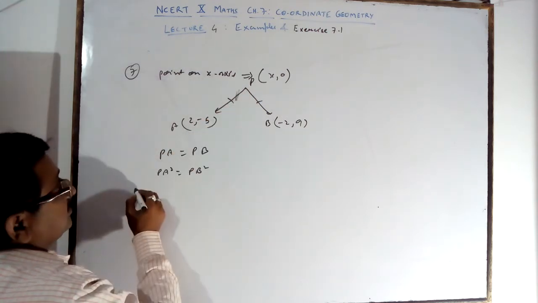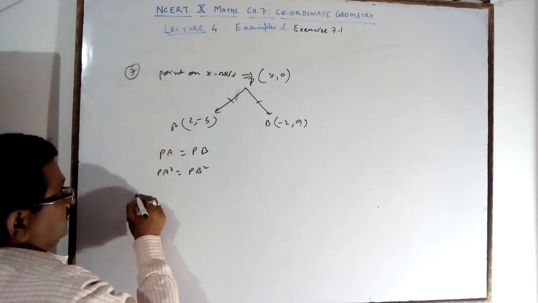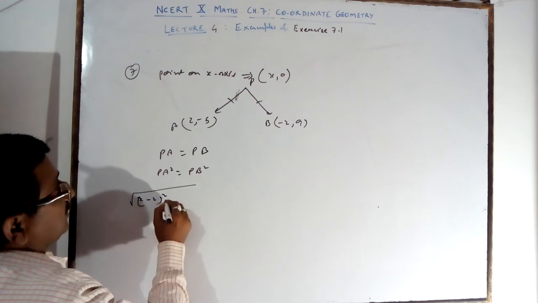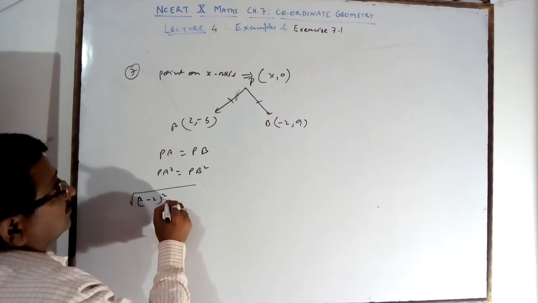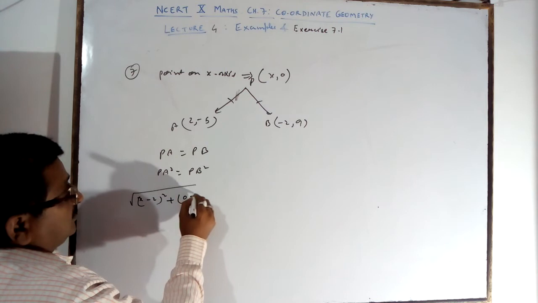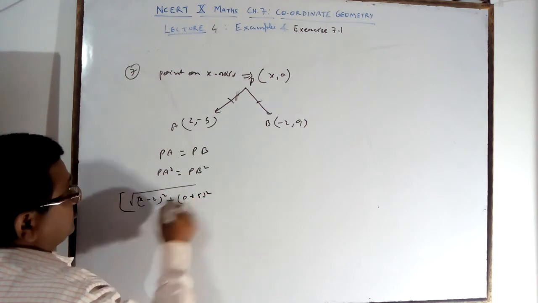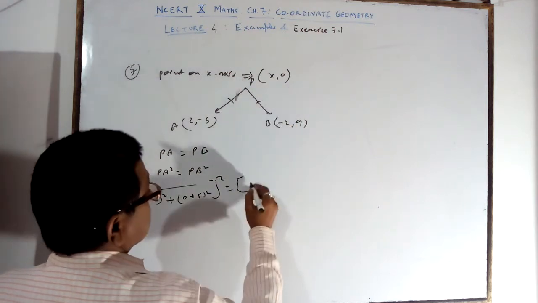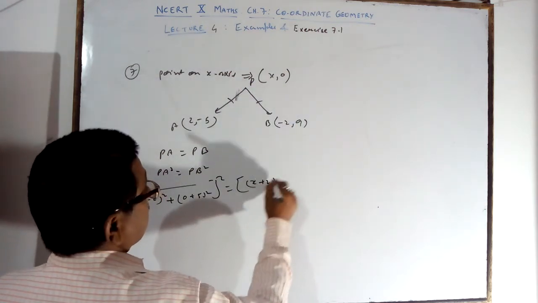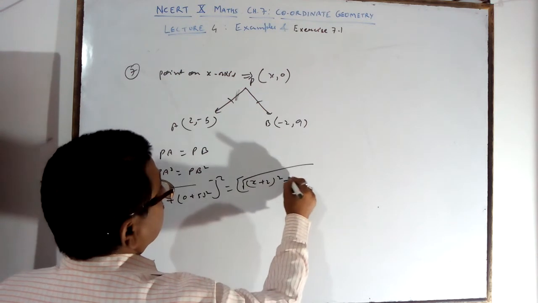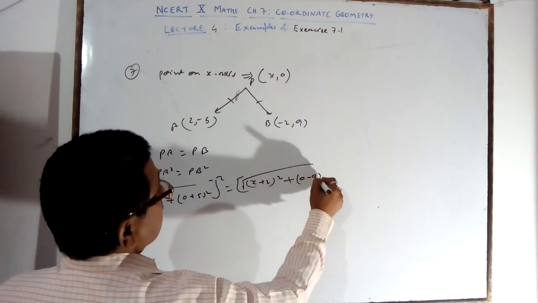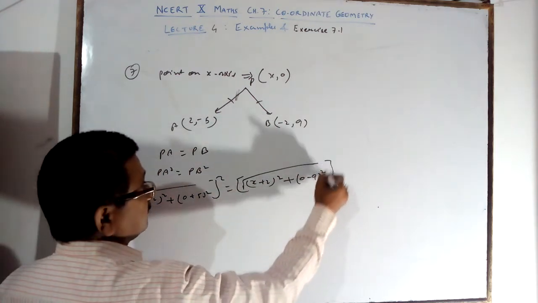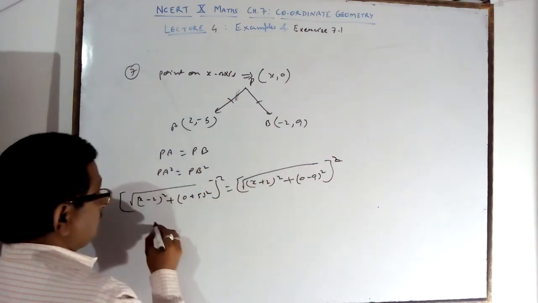PA square, so x2 minus x1, that is x minus 2, you get (x minus 2) square plus (0 plus 5) square, is equal to (x plus 2) square plus (0 minus 9) square. Squaring removes the square root.